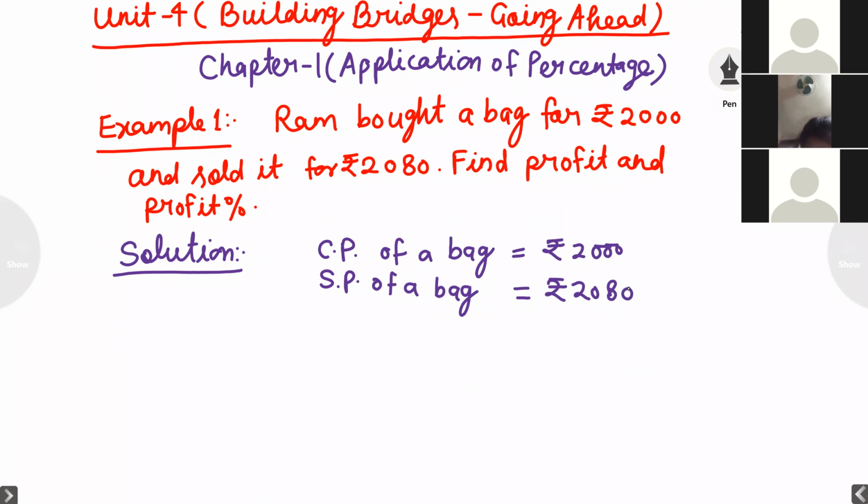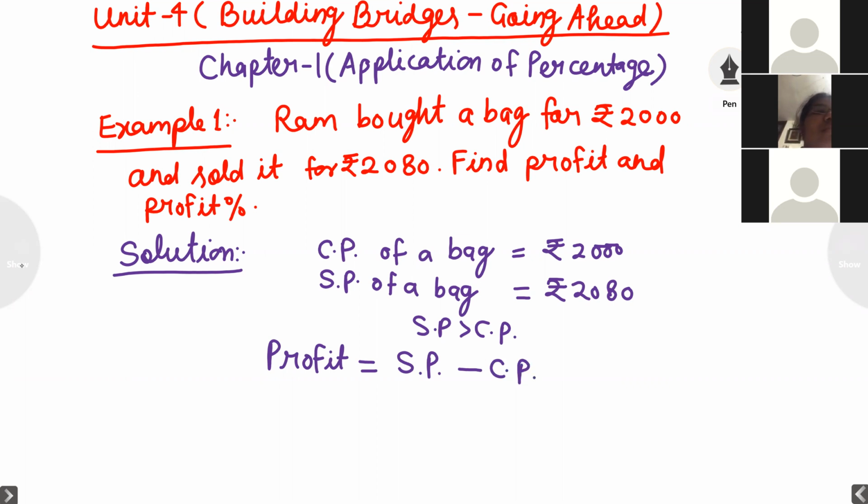Now, students, you are observing here selling price is greater than cost price, so we are going to find out profit. We write: SP is greater than CP, then profit is equal to selling price SP minus cost price CP.